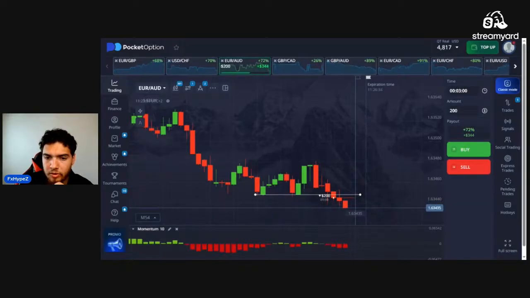Yeah, I'm pretty confident with this one. The bearish momentum looks pretty solid here. I'm liking what I'm seeing. I think this candle closure here is going to tell us a lot, whether this is going to continue playing out or not.